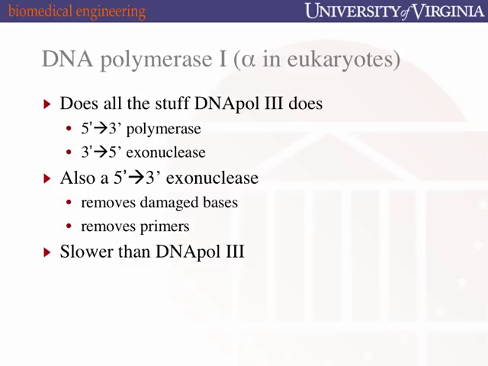So the nick there, which is where you ran into the RNA primer, moves along with each one of those strands until you see the next DNA strand there, until the primer is totally cleared out. This is a lot more complicated. Consequently, the processivity and the kinetics of Pol 1 or Pol alpha are slower than Pol 3.